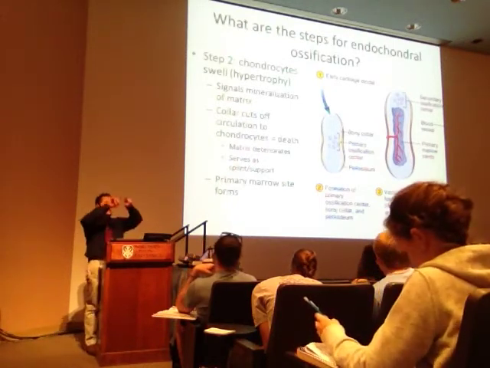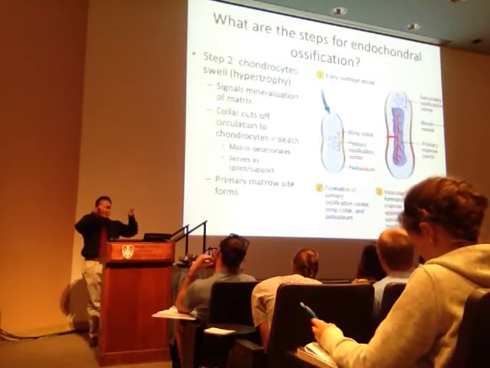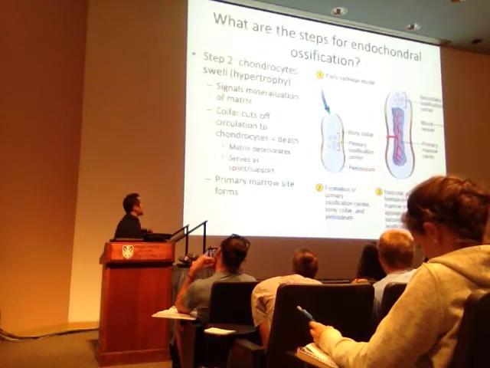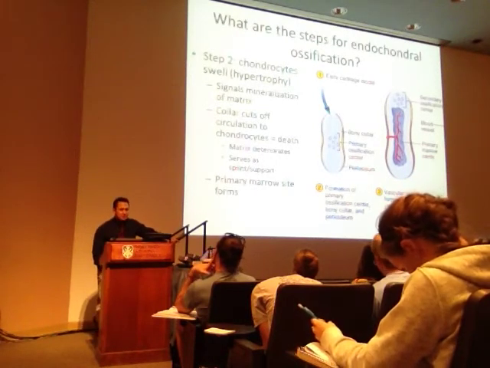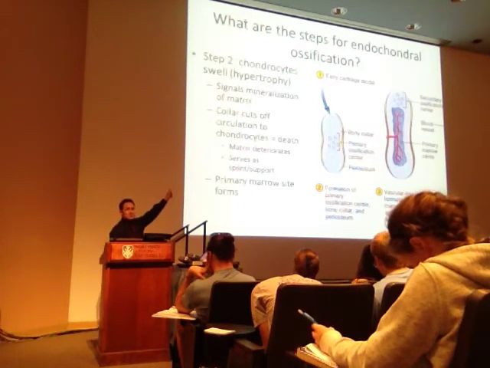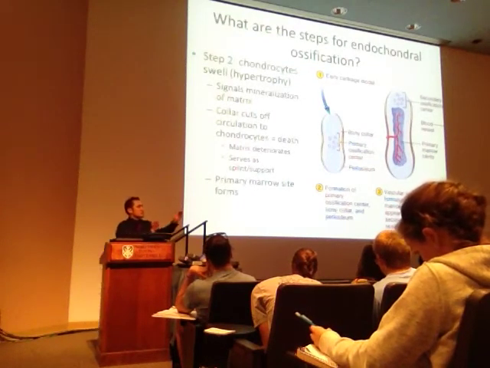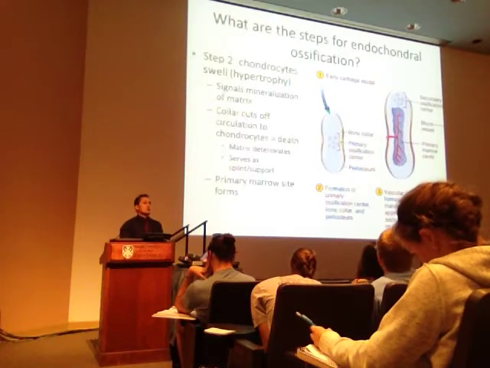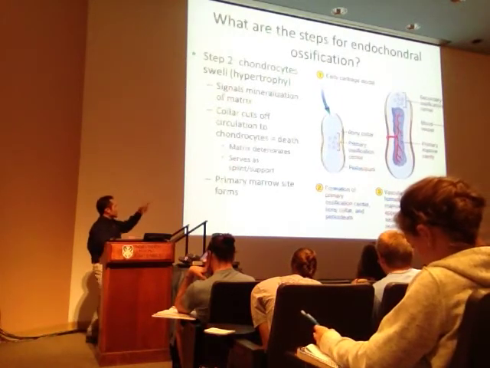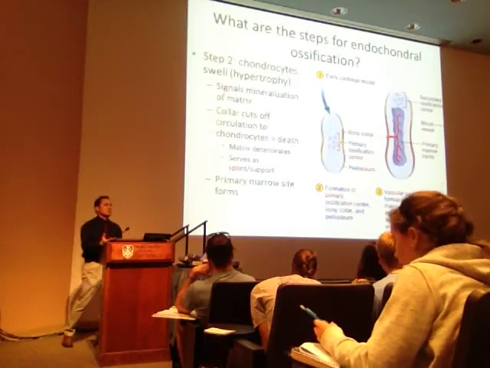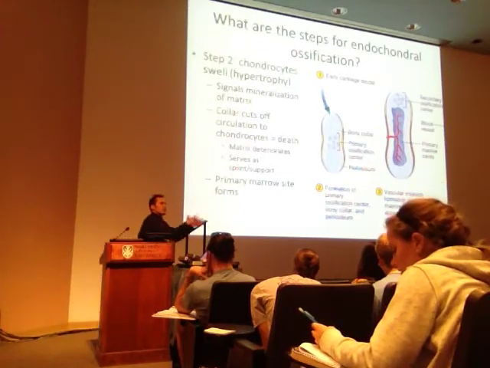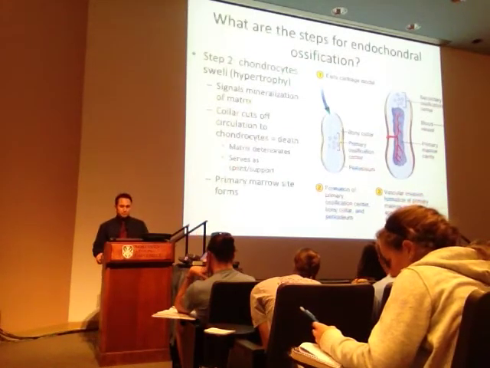The collar that was surrounding it starts to cut off circulation to the cartilage cells. Those are chondrocytes. Those chondrocytes start to disappear. As the chondrocytes disappear, that matrix deteriorates, and that's actually what stimulates and says, okay, we're getting rid of the era of cartilage, now let's bring in the bone.